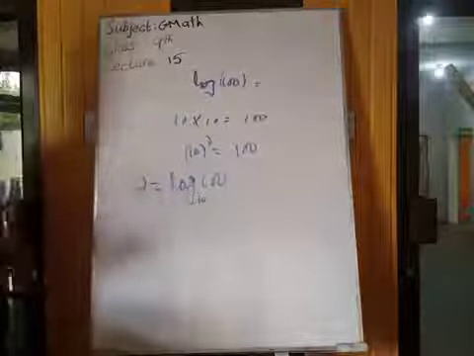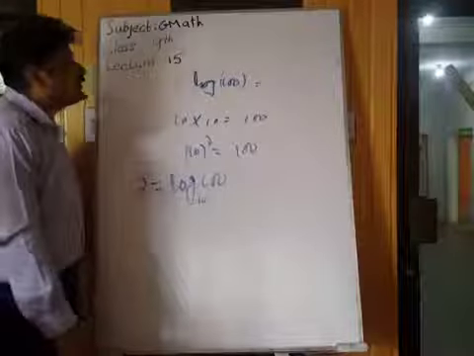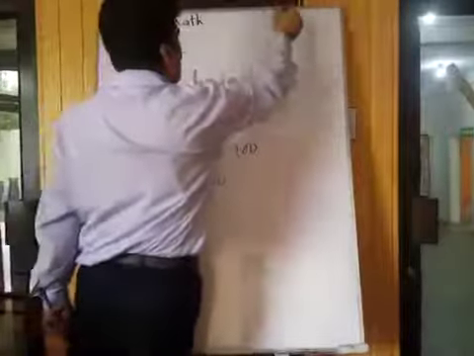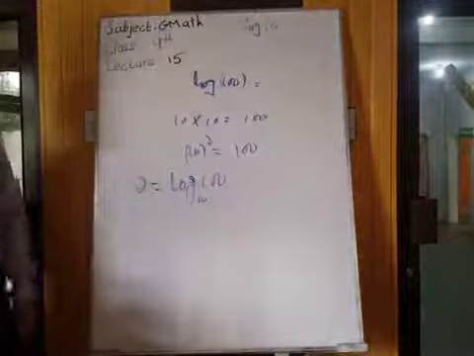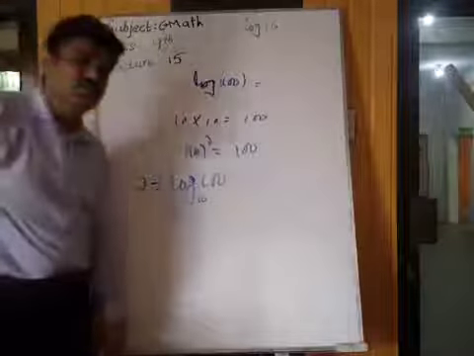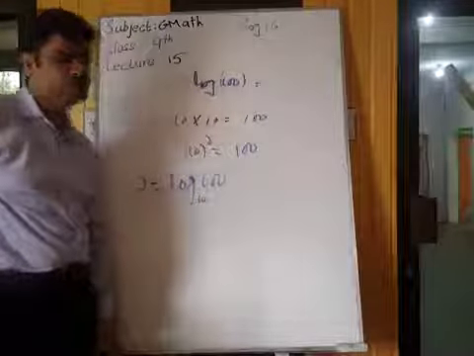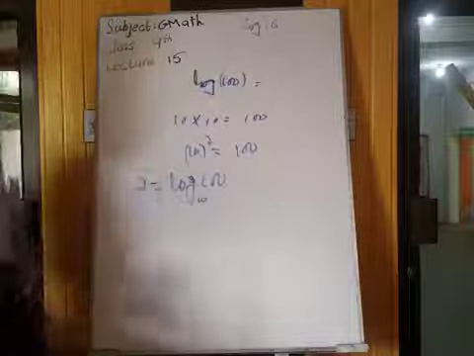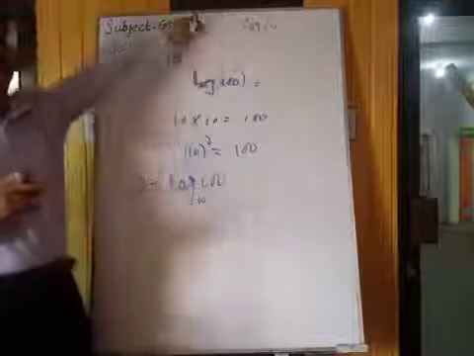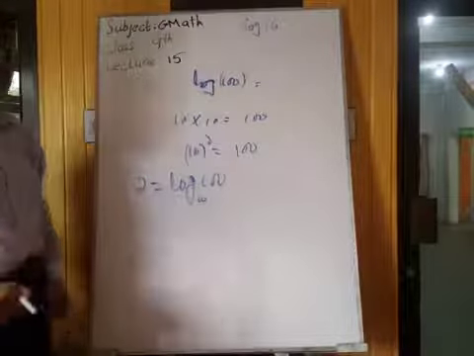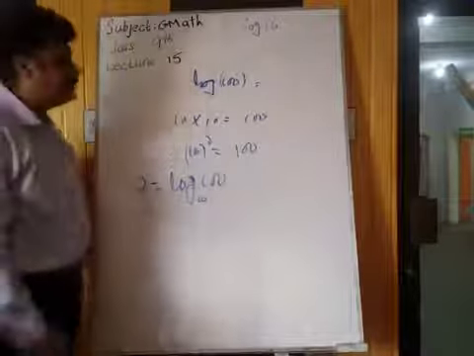Okay, student? Similarly, if we have to find the log of 16 to the base 2, here we have to write 16 as a power of 2. How many times is 2 multiplied to get 16?